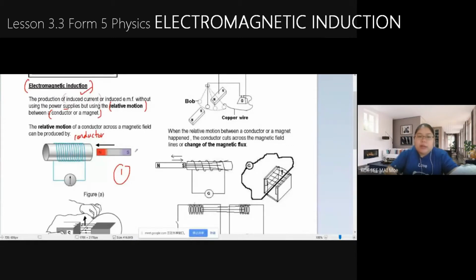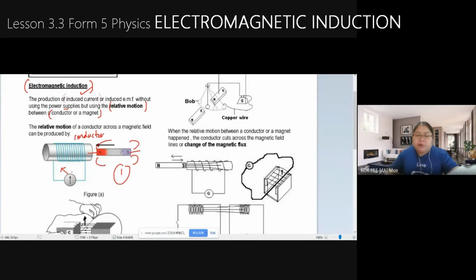Now the magnet is moving. The magnet has a magnetic field surrounding it. So when I move the magnet in, I cut the flux, or you say you cut the magnetic field. When you cut the magnetic field, the galvanometer will deflect, left or right, which we will refine later using Fleming's rule. What is important now is to know whether there is current or not. When you cut the flux, they will produce a current. So one is stationary, one is moving, and they will produce the induced current.